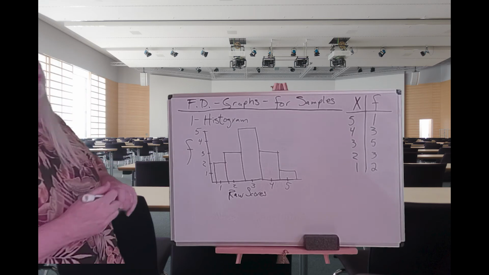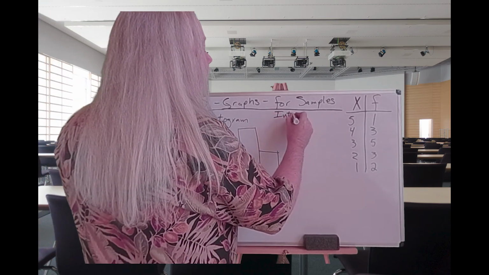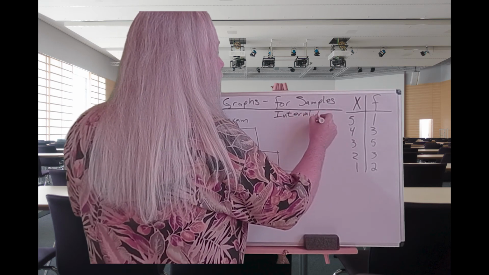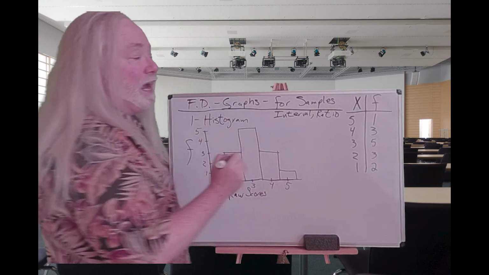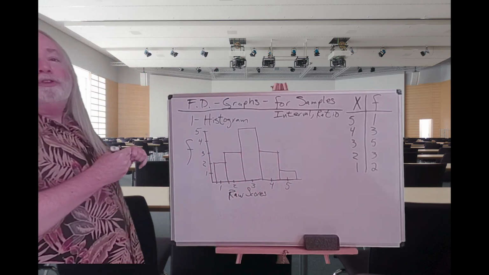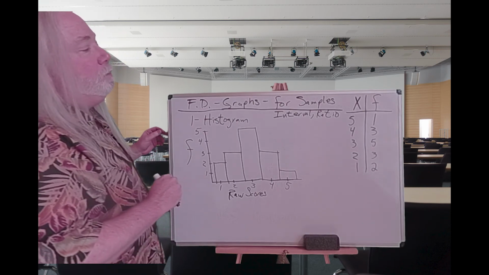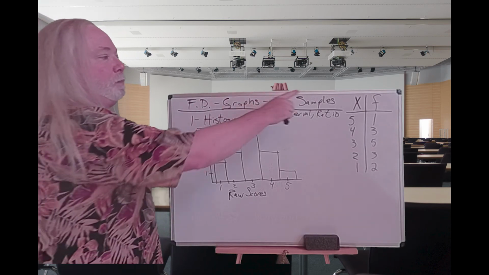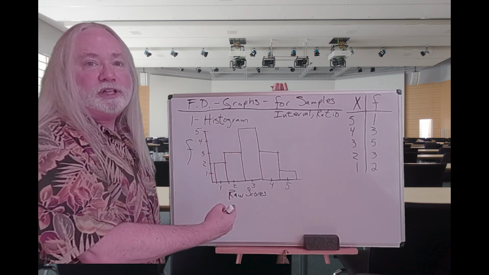This is a graph that you would normally use for interval or ratio level data. So those are terms we learned back in chapter 1. Those are our higher level measurements. What that really means is if our data comes from a sample and it is at the interval or ratio level, this is an appropriate graph to use.